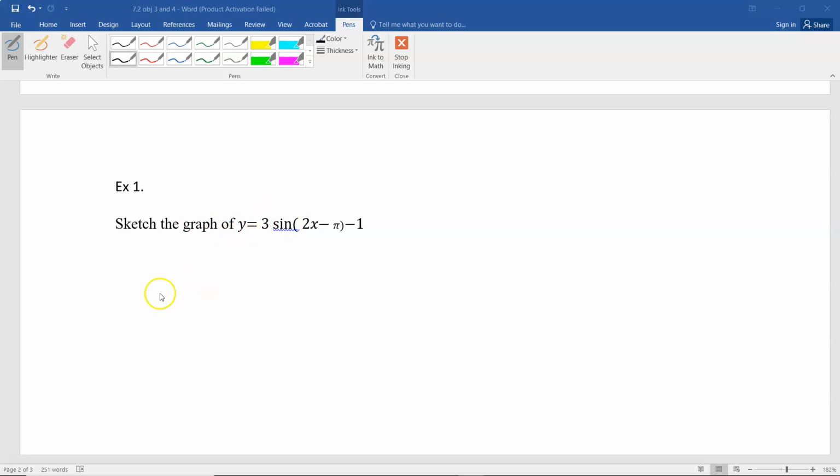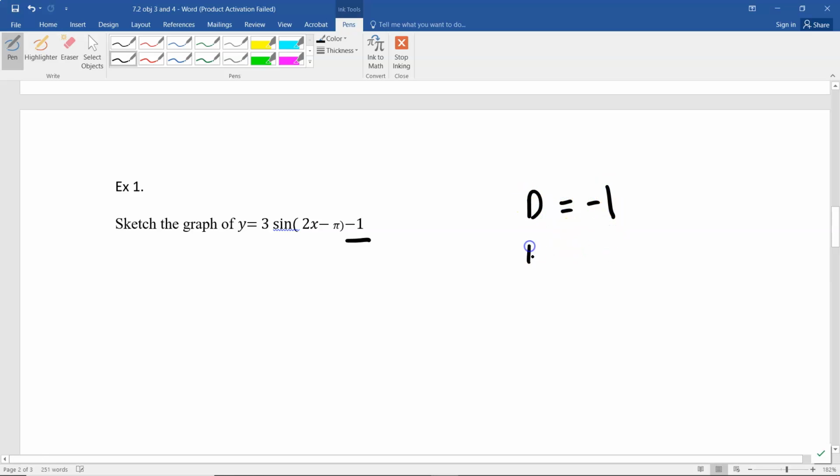So here we want to sketch this graph. Before I start our typical process, I just want to highlight that this -1 is going to be our vertical shift. So we're shifting 1 unit downwards. Okay, now we want to solve the rest of it as we did before.